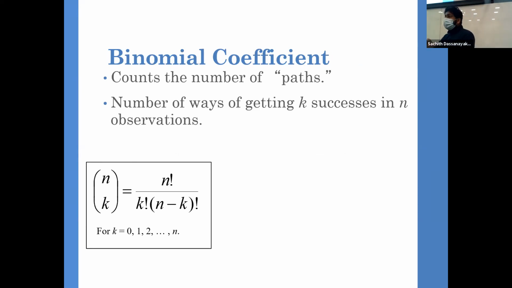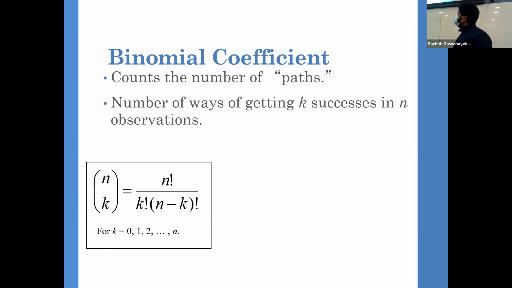Before I show you the binomial distribution, this piece we call the binomial coefficient. It deals with factorials. You can write it within brackets, simple n, and down below k. Simple n means the number of observations, the total number of trials.